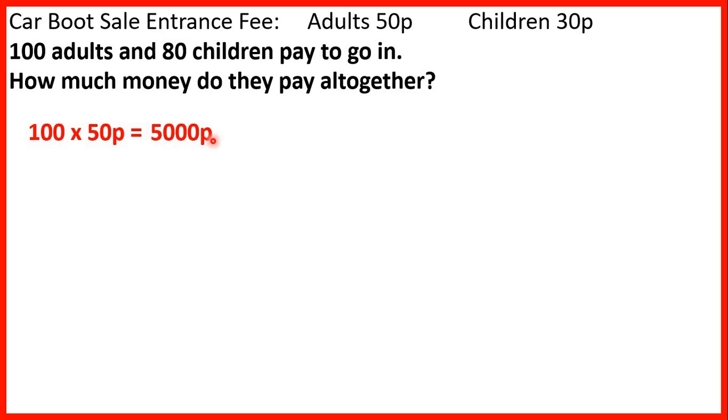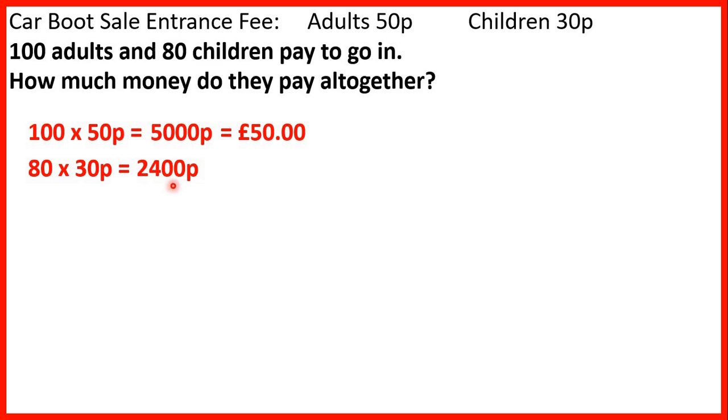And 5,000 pence is the same as £50. Now for the children, we have 80 children, and they each pay 30p. 80 times 30 is 2,400, because 8 times 3 is 24, and then we have 2 end zeros in our multiplication, so that's 2 end zeros in our answer.